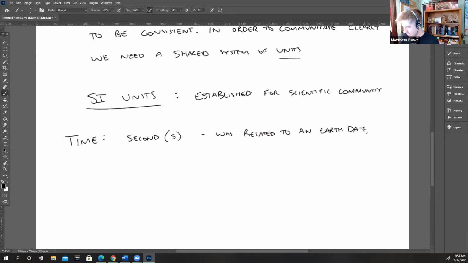So time can't be related to Earth spinning anymore because that's changing. Does that mean we have to change all of our calculations? We have to change all of the things we've discovered just because the Earth is getting slower? That doesn't seem feasible. We can't just keep changing all of our results to match the Earth rotating.